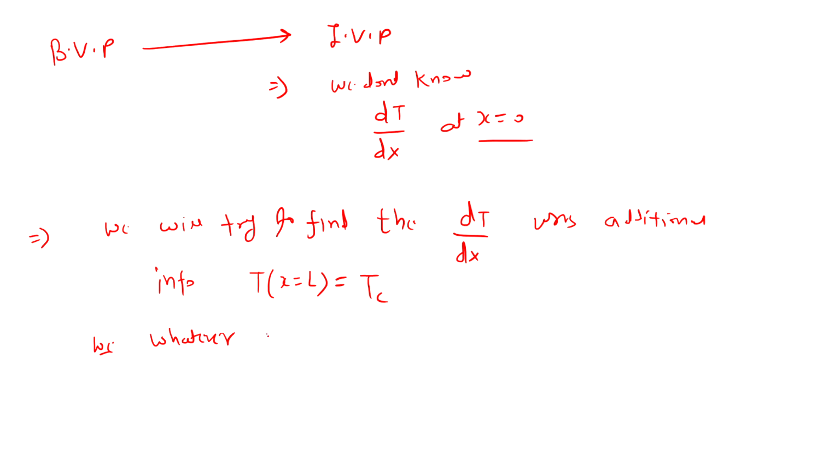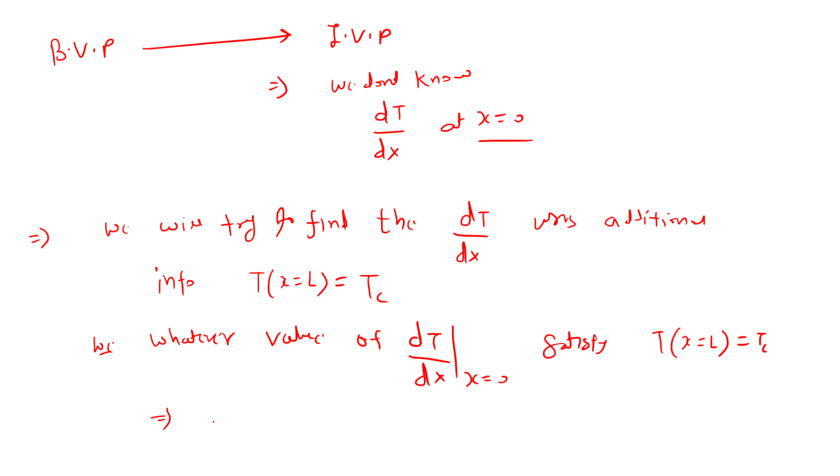Whatever value of dT over dx at x equal to 0 satisfies T at x equal to L is equal to T c, the solution corresponding to this IVP will be my final solution. Now this method is called the shooting method.